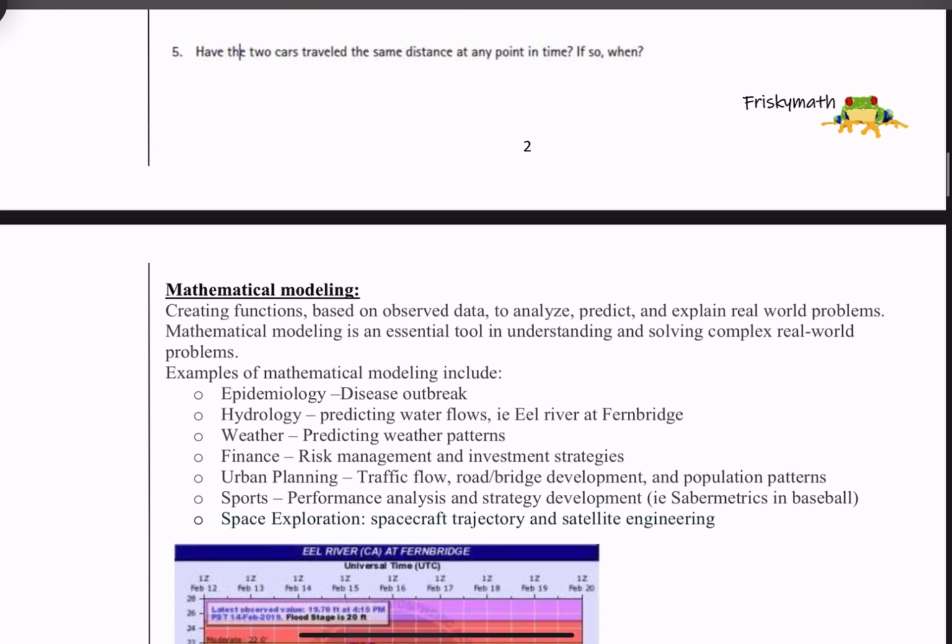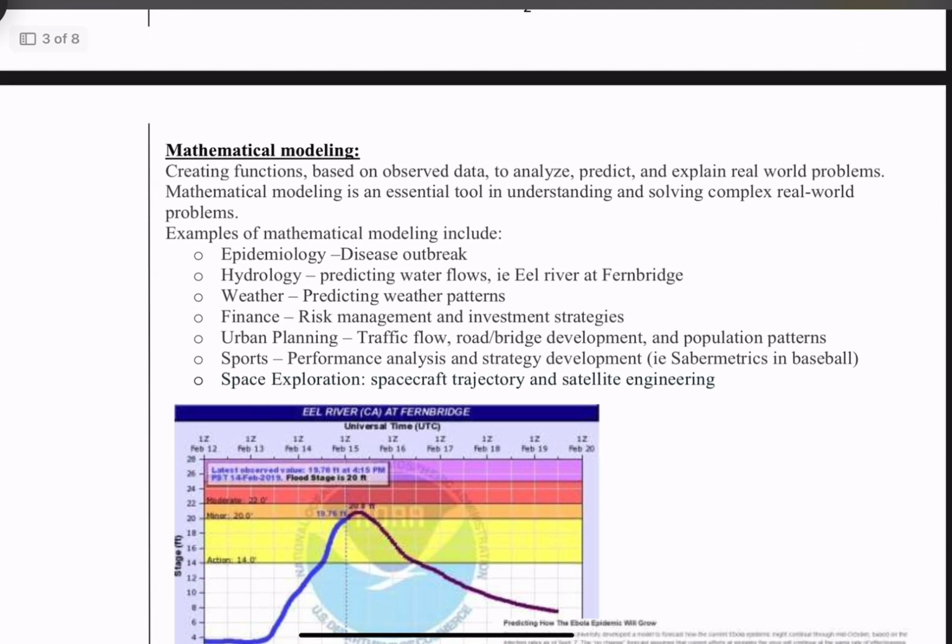And then before I let you go in this video, I'd like to go over what mathematical modeling is. The entire reason why math even exists is because people were curious about the world around them, and they wanted a way to explain the world around them. And that's basically what mathematical modeling is.